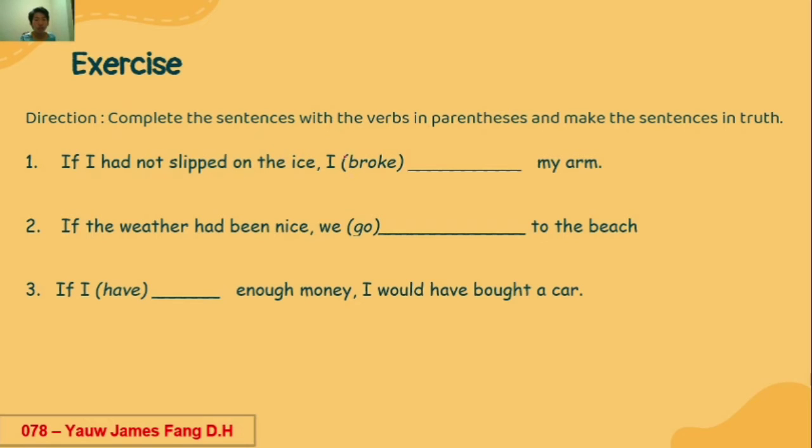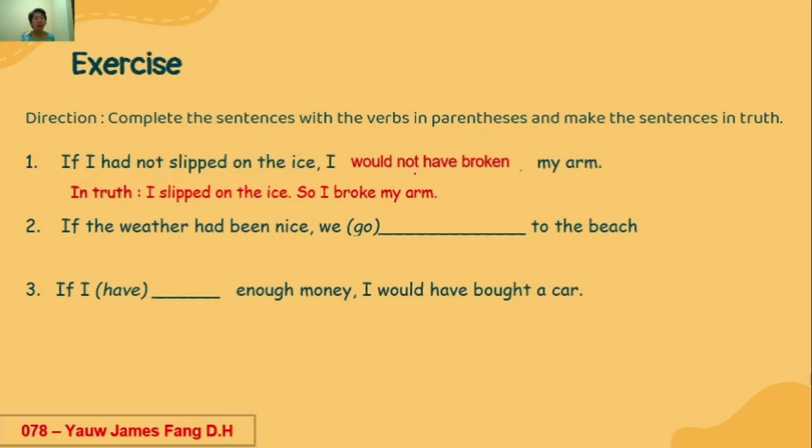So the answer is, if I had not slipped on the ice, I would not have broken my arm. Let's look, in the main clause there is a not, therefore it is called a negative sentence. And in truth, I slipped on the ice, so I broke my arm.